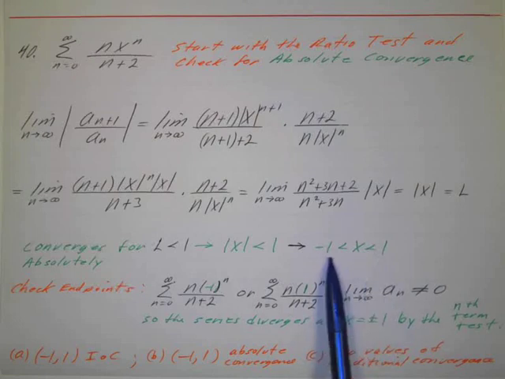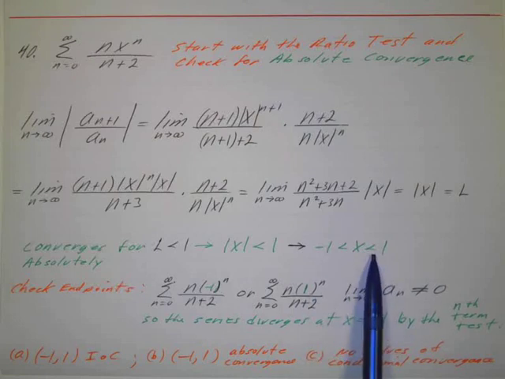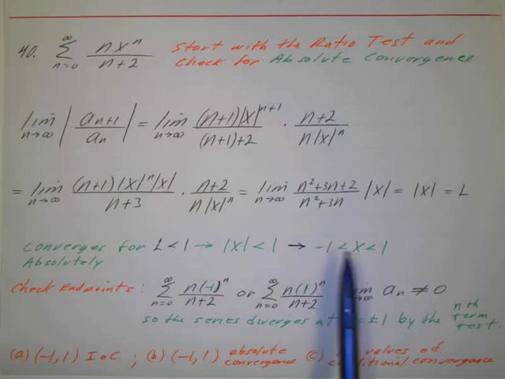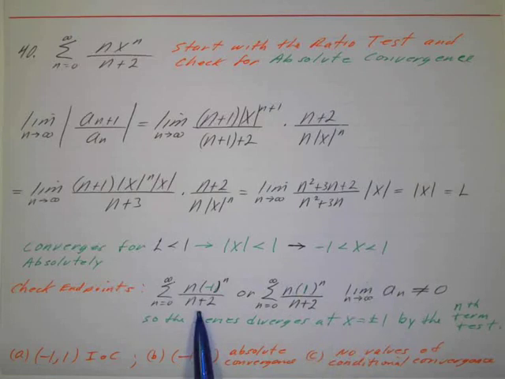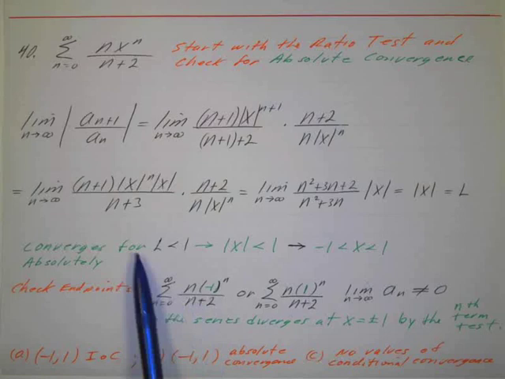Okay, so that's our interval of convergence, except we need to check the endpoints, and they're −1 and 1, so I can do both of them about the same.